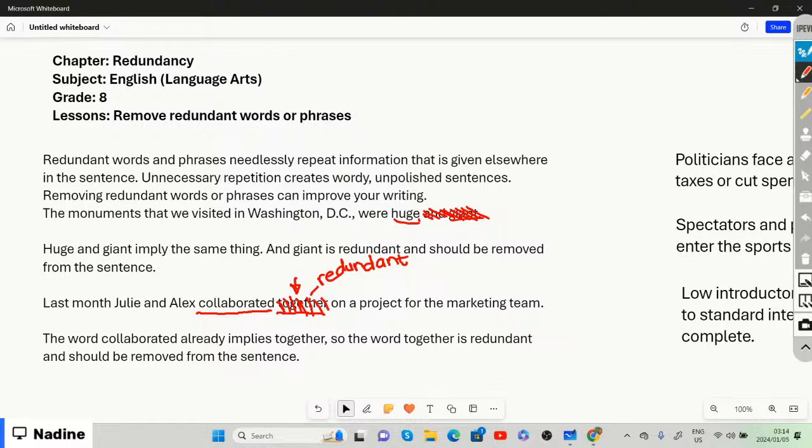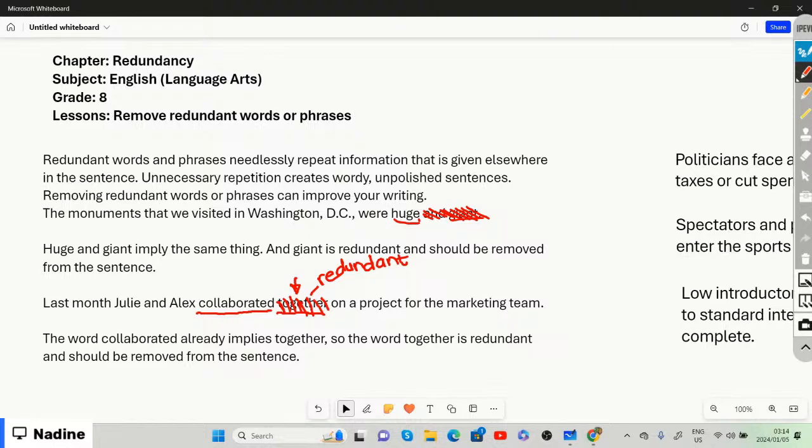And like I say, sometimes students would add certain synonyms to words in order to add to the wording of your essay or your writing piece, right? But it just brings about a lengthy, repetitive, wordy, unpolished sentence or essay, because a lot of words are being repeated.